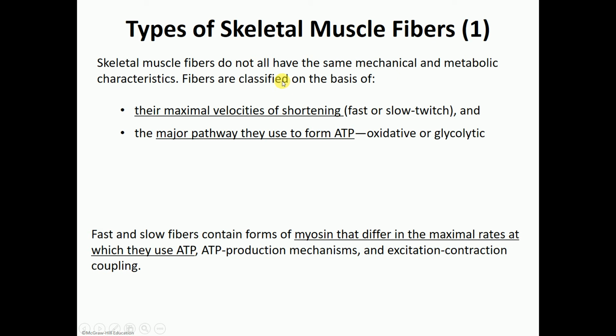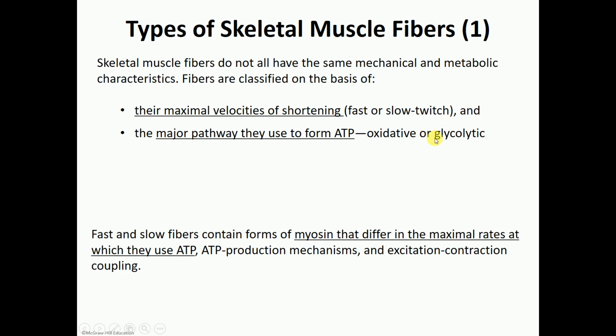Now, I know we understand skeletal muscle fiber, but we need to understand that there are different kinds of skeletal muscle fibers, depending on how fast or slow they contract. Okay, so we have fast twitch and slow twitch, and also the pathway to make ATP. Some of them are going to use the oxidative pathway, while others are going to use the glycolytic pathway.